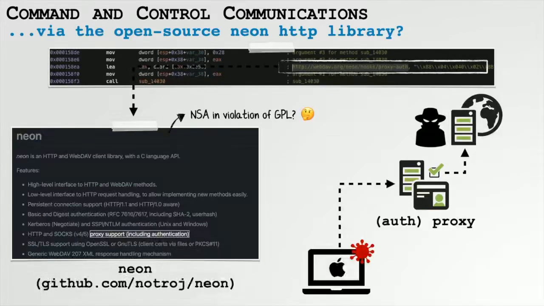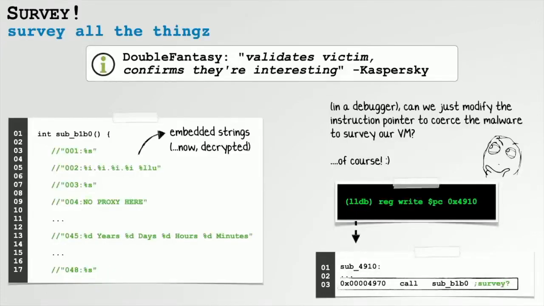This means if these intelligence agencies get their implant installed on one of these victim systems, perhaps with a zero-day exploit or some supply chain interdiction, well, that malware better be able to talk through an authenticating proxy, or it's not going to be able to beacon out to the command and control server for tasking. So not something we see very commonly, especially in Mac malware, but in both the sample I'm talking about and the sample Runa talked about, the support for authenticating proxies is, in my opinion, quite notable.